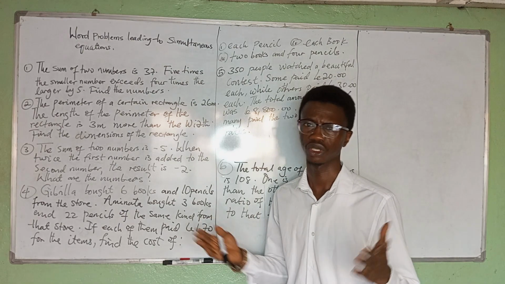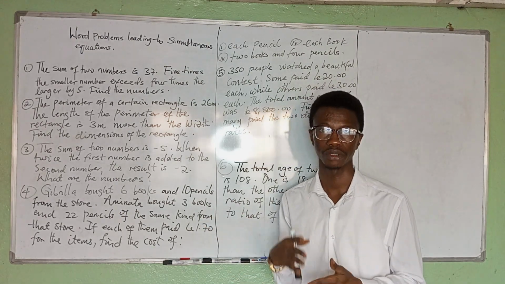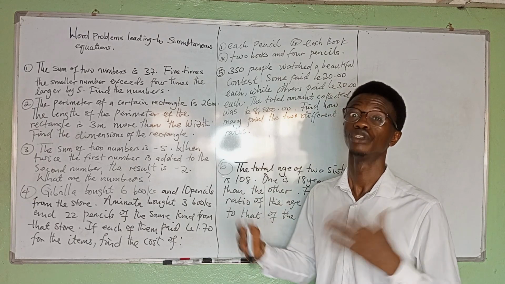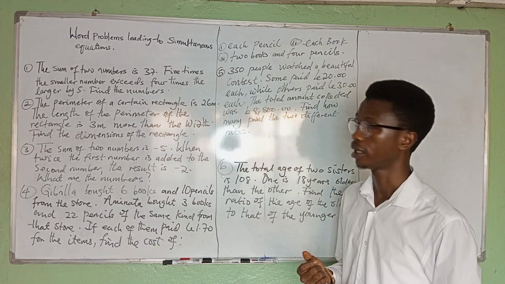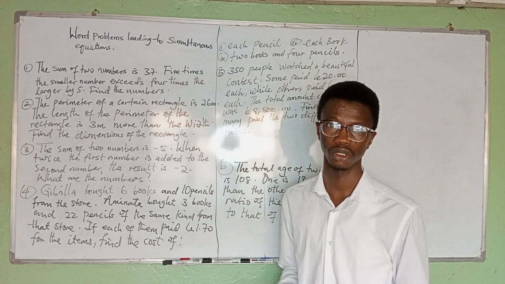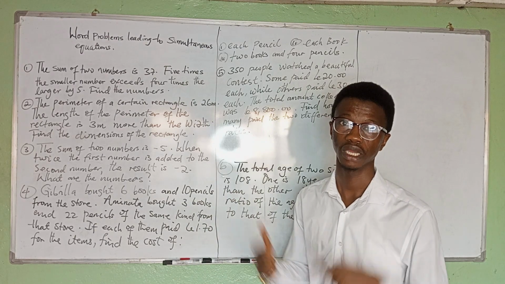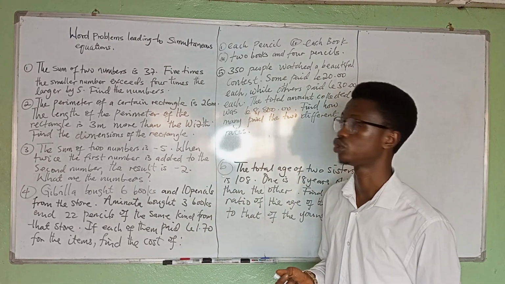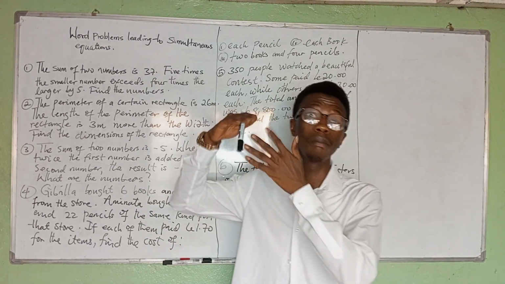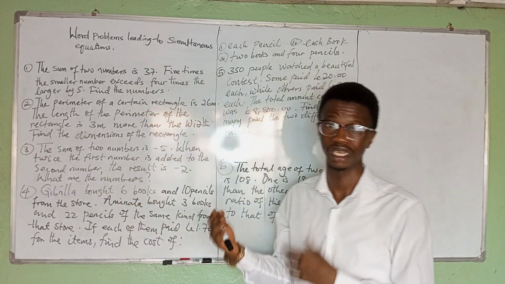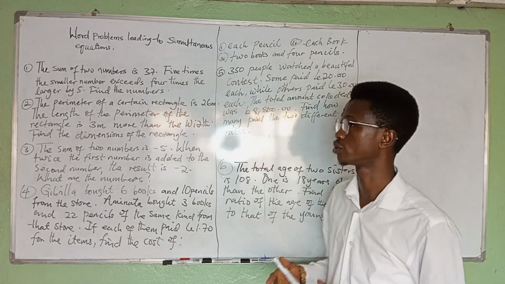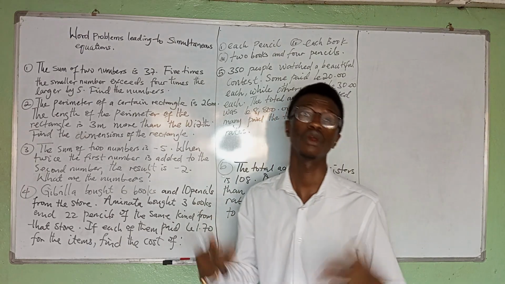For you to form equations, I've explained this in many of my videos already, so I don't need to waste time on that. But for all problems leading to equations, be it linear, quadratic, or simultaneous, it's all about representing numbers you don't know with letters.